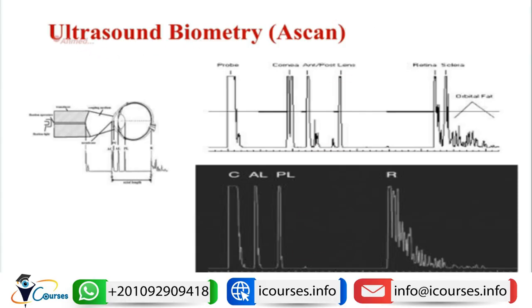So what is the basis of ultrasound biometry, or the A-scan? By placing a probe containing piezoelectric crystals that will vibrate, these vibrations will emit ultrasonic waves that will enter the eye, travel along the different media of the eye, and then reflect back.